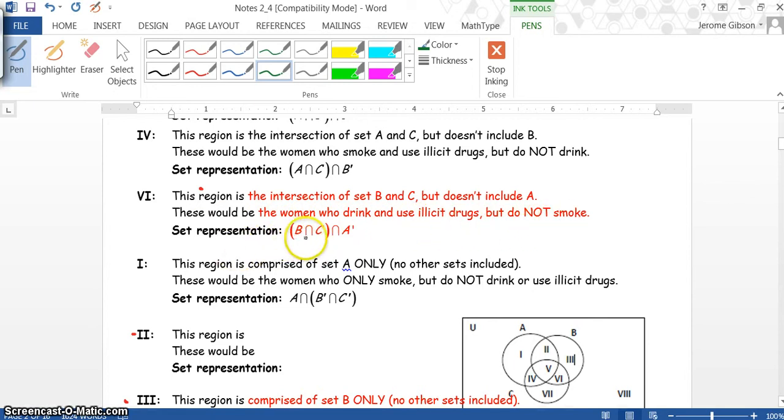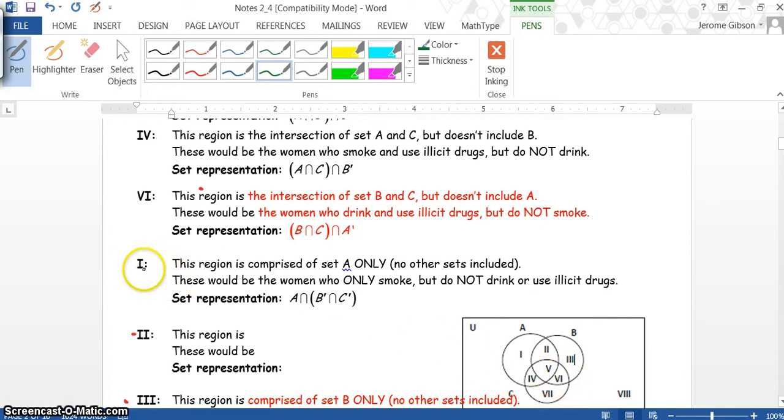The set representation would be B intersect C in parentheses. B intersect C will be 5 and 6 here, but it's intersection of A complement, so that would leave 5 out. So your region would be 6.